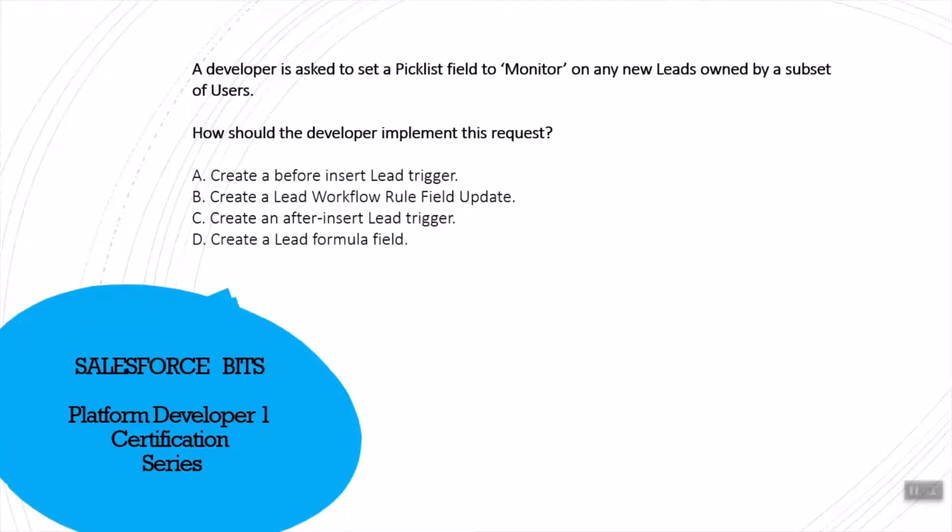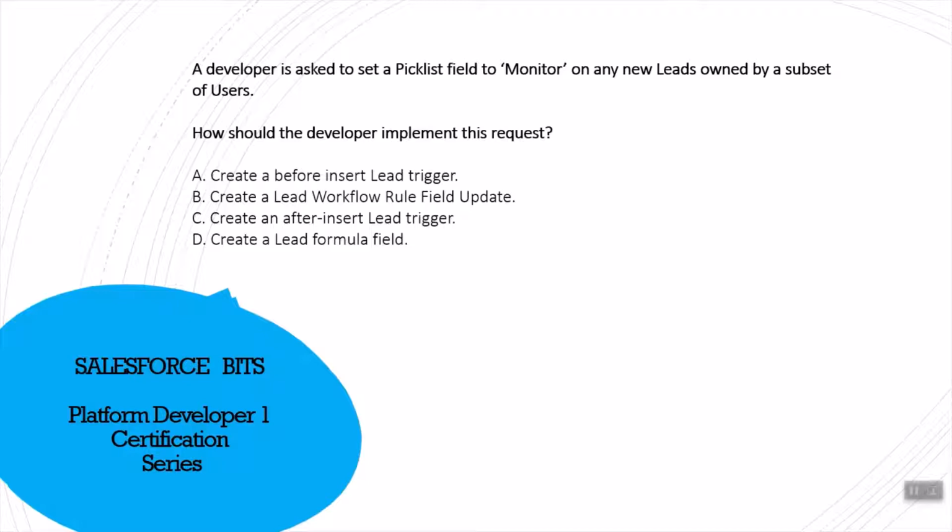A developer is asked to set a picklist field to monitor on any new leads owned by a subset of the users. How should the developer implement this? Create a before insert lead trigger, create a lead workflow rule update field, create an after insert lead trigger, and create a lead formula field. Formula field, I don't think you can do it. You can only do a formula field, sorry.